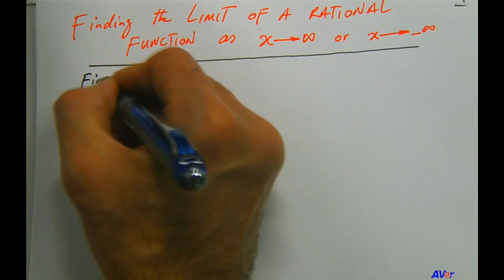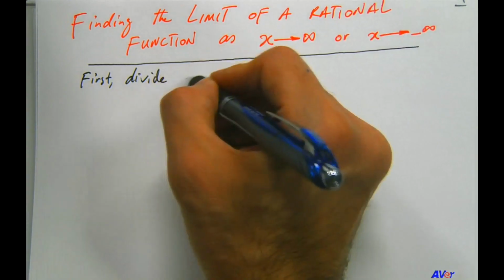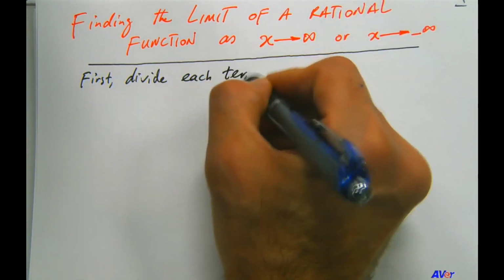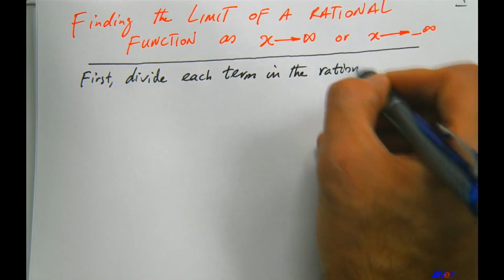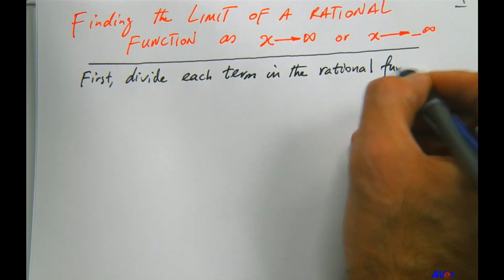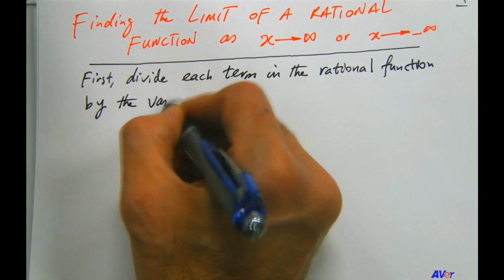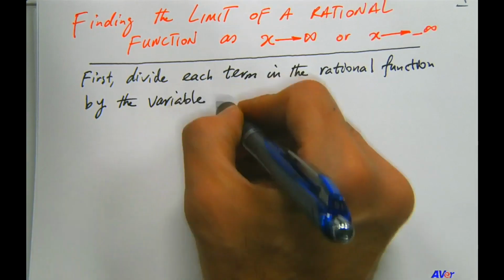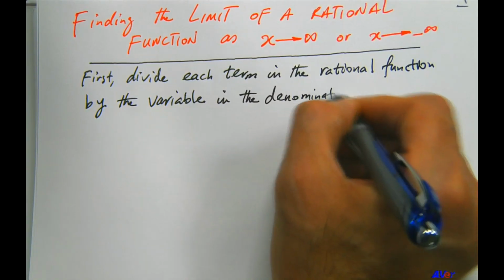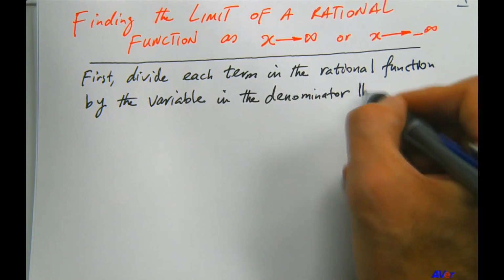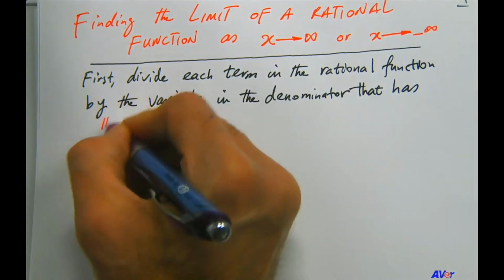So the first thing we want to do is divide each term by the x that has the highest power.